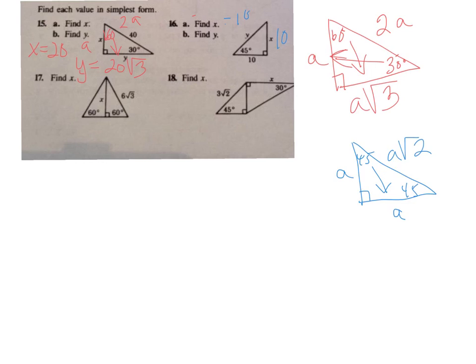And then the hypotenuse is going to be 10 times the square root of 2, because that's A. 10 times the square root of 2 is y.